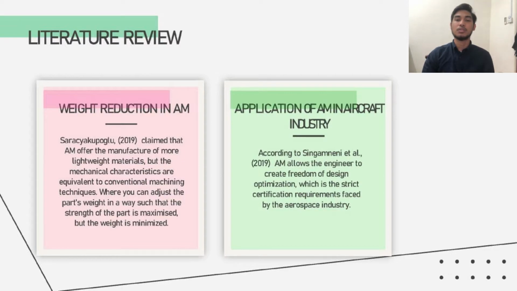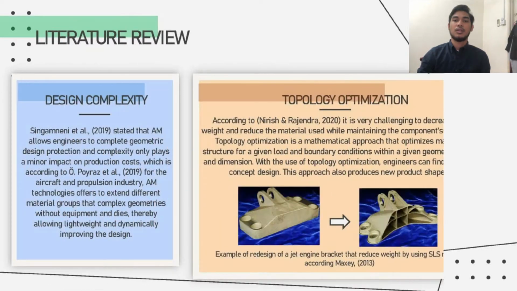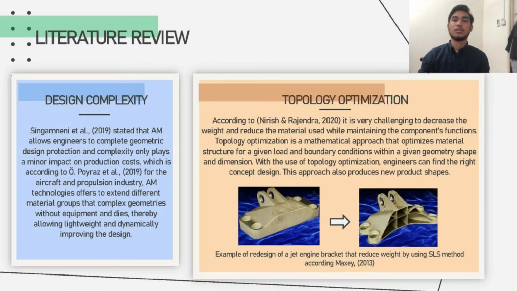According to Singamani 2019, using the AM method allows the engineer freedom of design optimization, which is a strict certification requirement faced by the aerospace industry. Allowing a design with a complex shape is very useful for manufacturing processes in the aircraft industry.